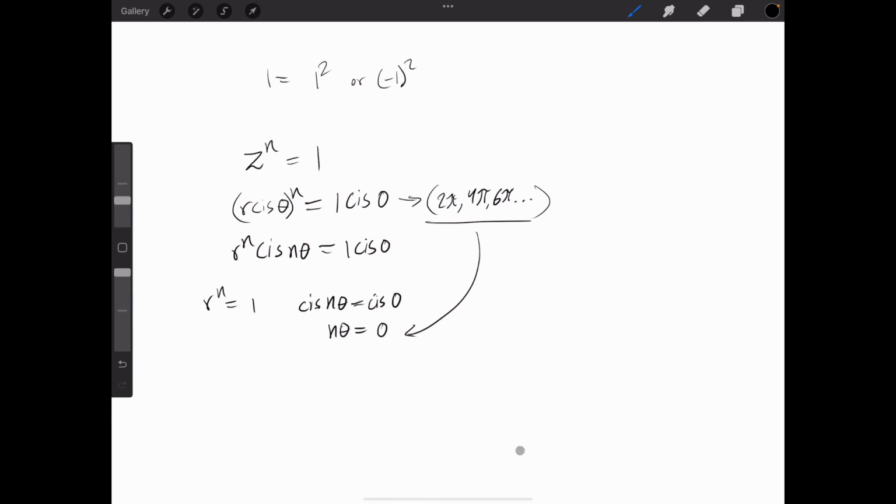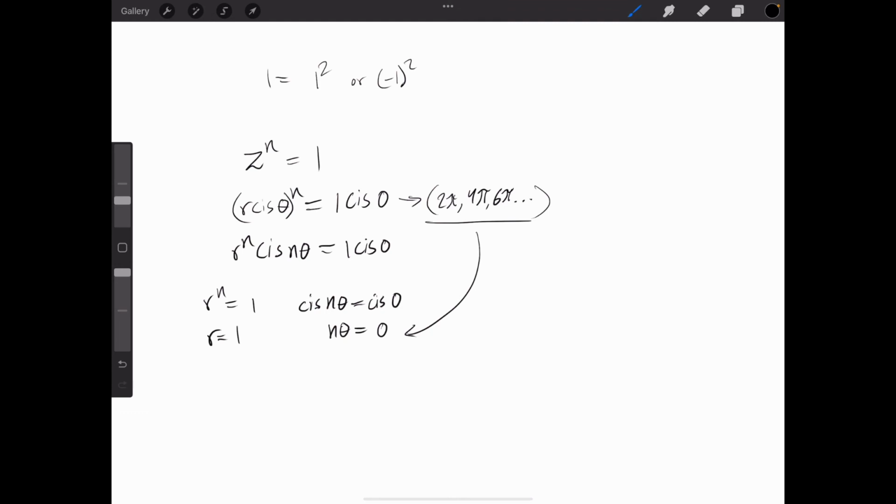But in this case we chose the other complex number to be 1, so r to the power of anything is still going to be 1. If n is any integer, or any number really, and the entire thing is equal to 1, then r is just equal to 1 as well.